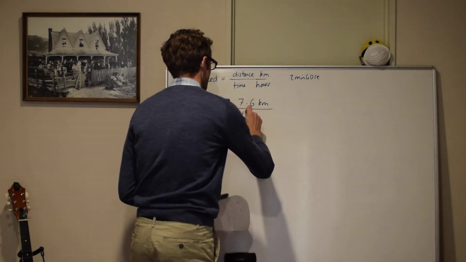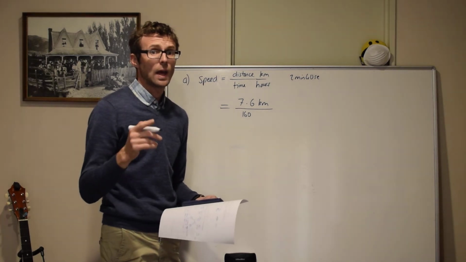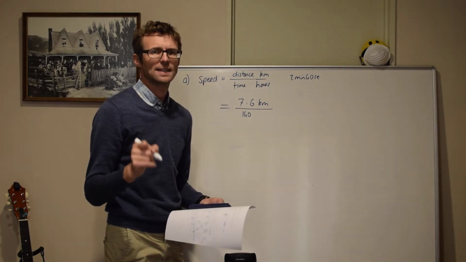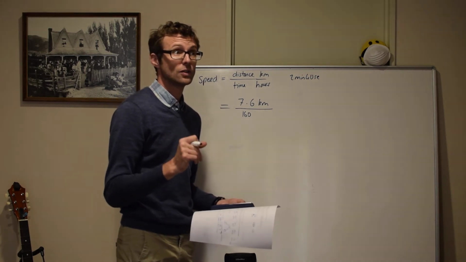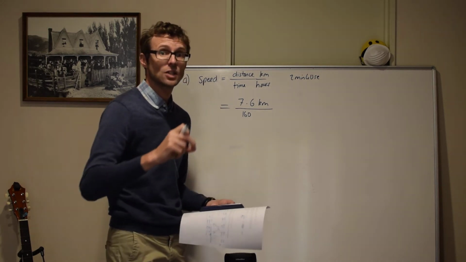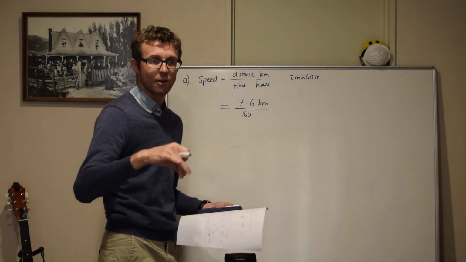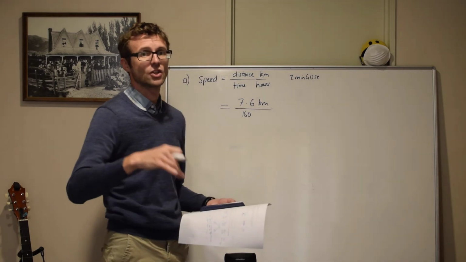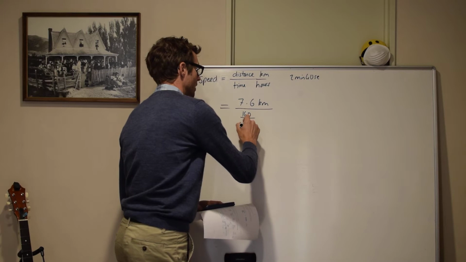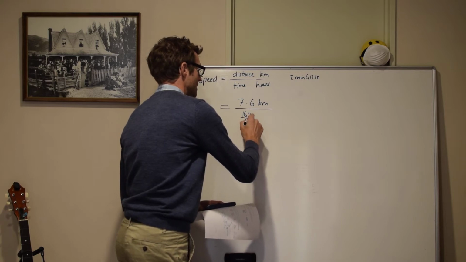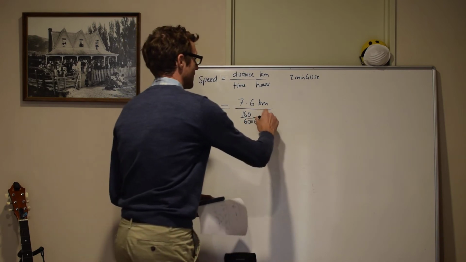But how do I convert seconds into minutes? I divide by 60. How do I convert seconds into hours? I divide by 60 times 60, since there are 60 minutes in an hour and 60 seconds in each minute. So I'm going to divide 160 over 60 times 60, which is 3,600. Now, that gives us hours.